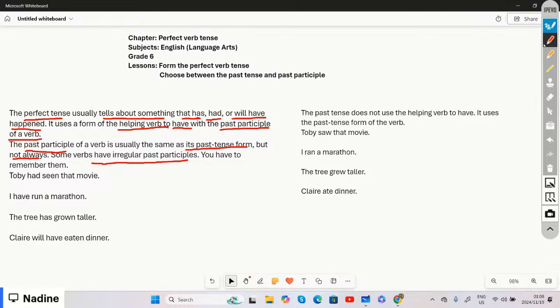And remember when we spoke about irregular verbs, or the past tense verbs, the wording changes. We do not follow any rules.